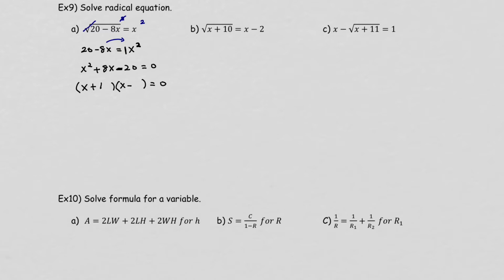And 10 times 2 makes 20, and 10 minus 2 will be 8, right? So that's how we're going to factor. This means your x is going to be negative 10 and positive 2, when you solve each linear equation.